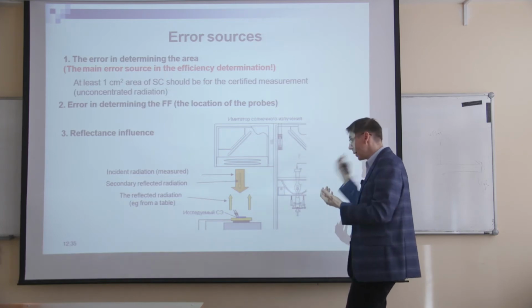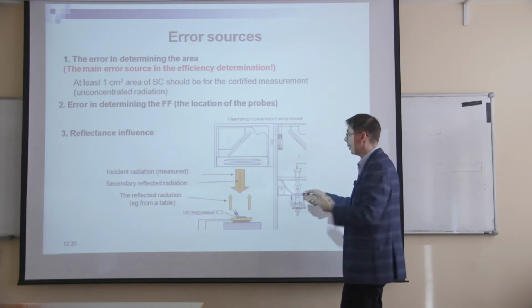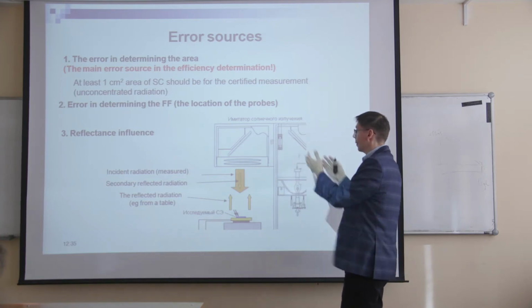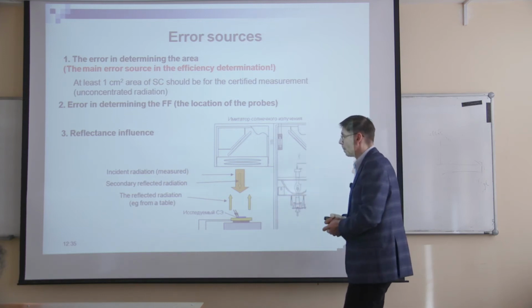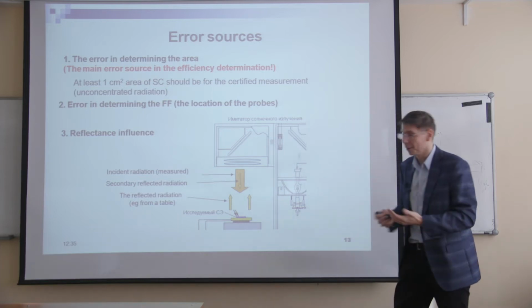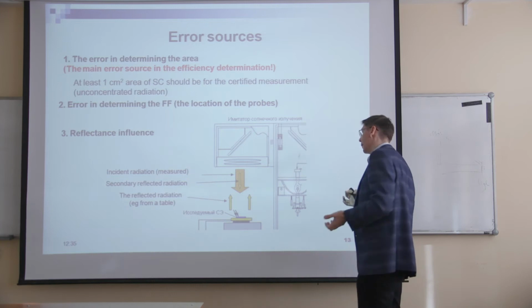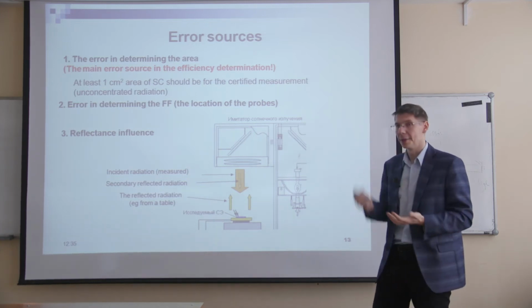And in this case you see there are a lot of places which can reflect the light. The light can go to the simulator and come back with some additional intensity. Of course, it's a few percent of intensity, but it could be enough to get some error in the intensity.